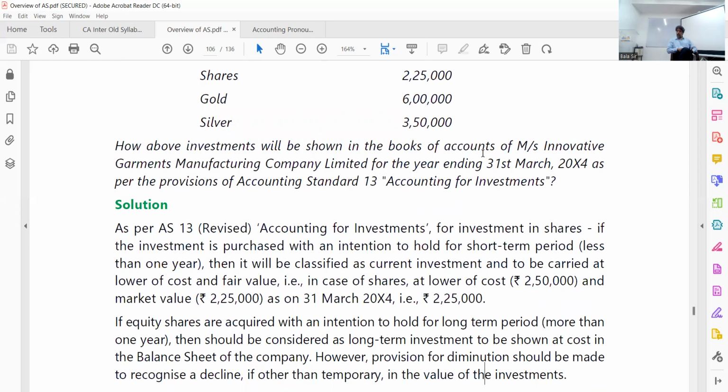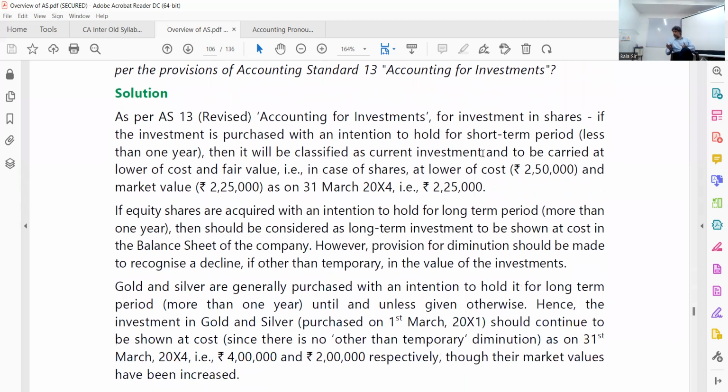A short-term period, which is less than 1 year, then it will be classified as current investment and carried at lower of cost and fair value. That is, in case of shares, the lower of cost, rupees 2,50,000, and fair value, rupees 2,25,000, as on 31st March 2084, that is rupees 2,25,000. That will be the carrying amount.